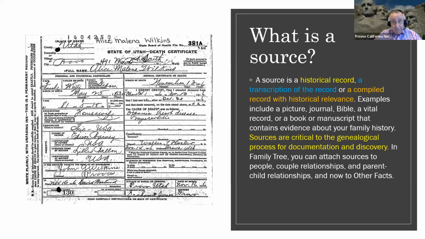You can attach them to their different vital records, their birth, death, that sort of thing. You can attach them to couple relationships and parent-child relationships. And now you can even attach sources to other facts like residency, military, and things like that. Those are actually available now to have sources attached to them.